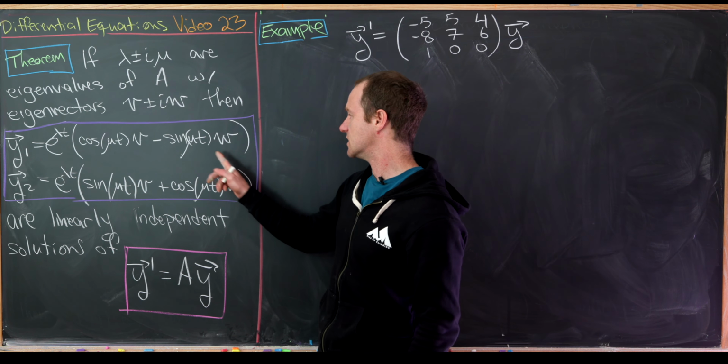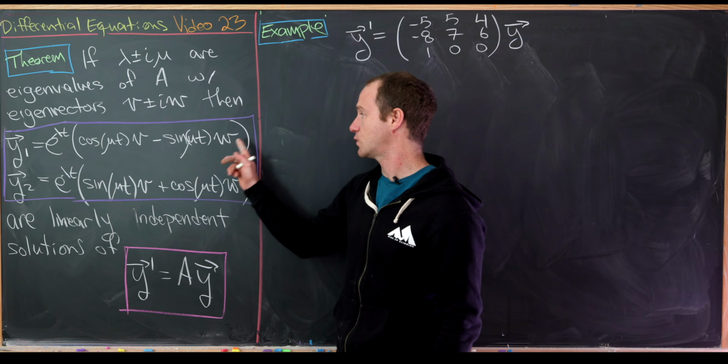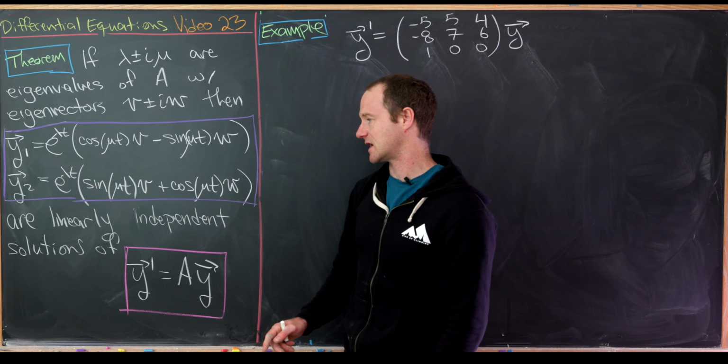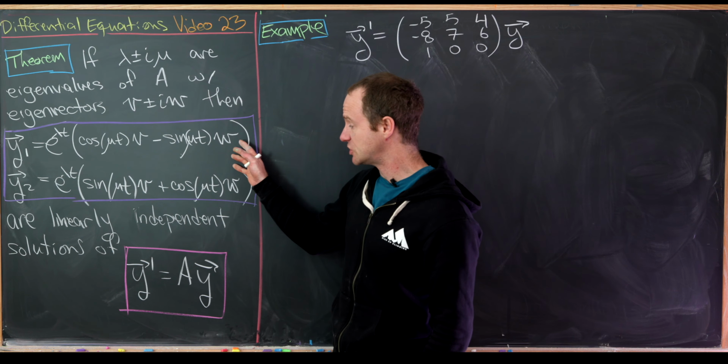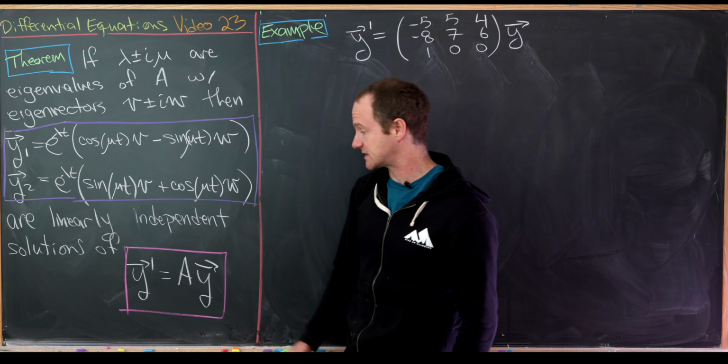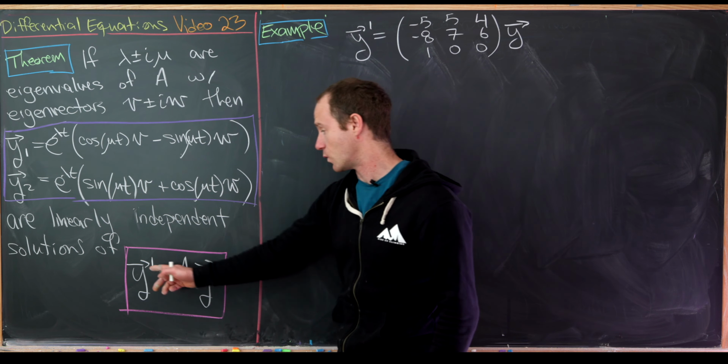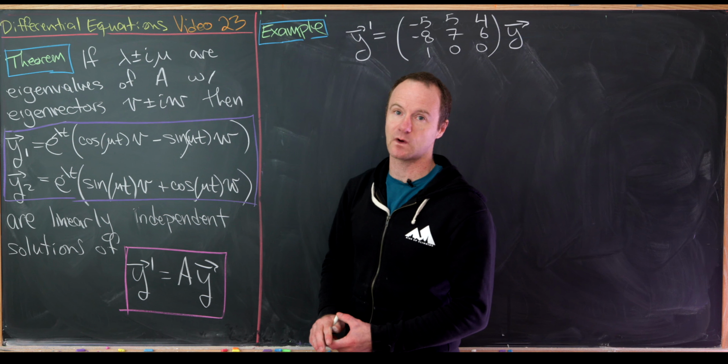So notice the sines and cosines have switched from being attached to the v's and w's. Also, there's a difference of a sign here. So these two are linearly independent solutions of the matrix differential equation y prime equals A times y.